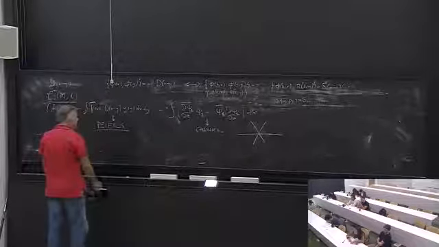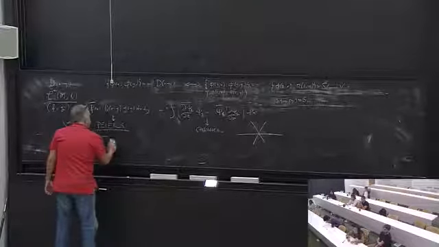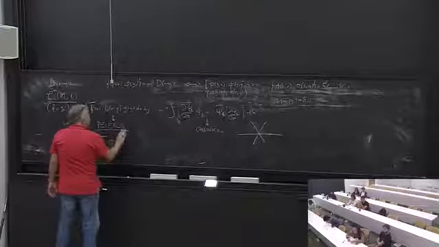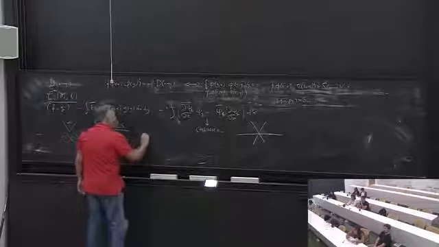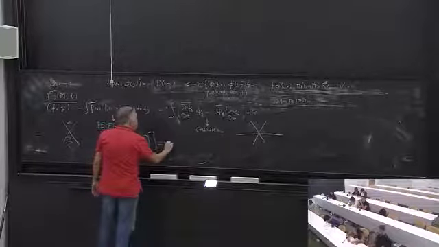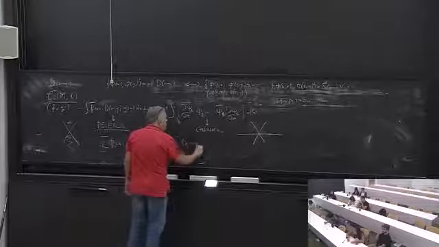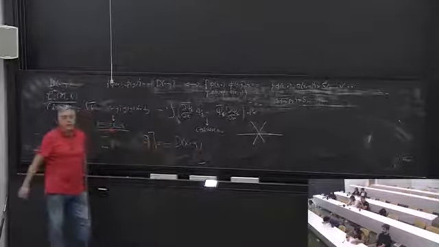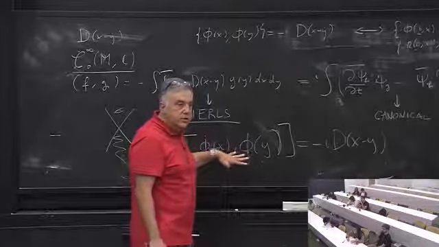So quantizing would mean, as I said, transforming this algebra into a non-abelian one, and this is done by just the appearance of this little i, which makes these objects into operators.